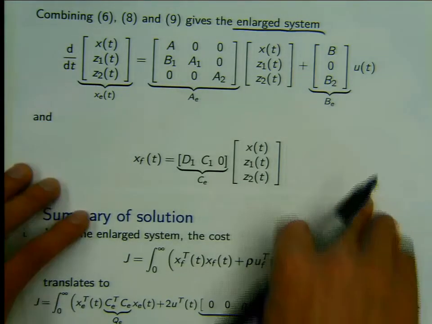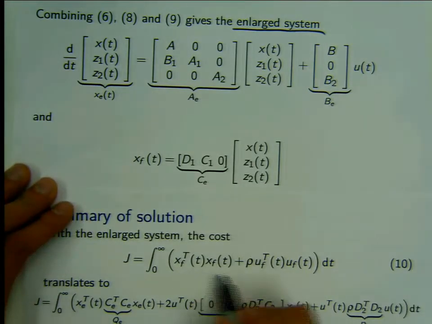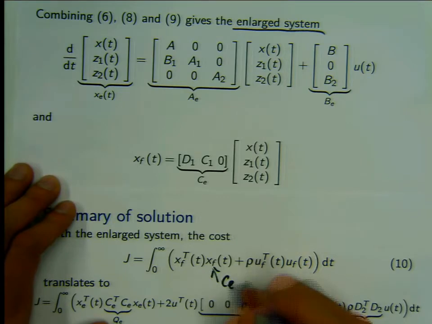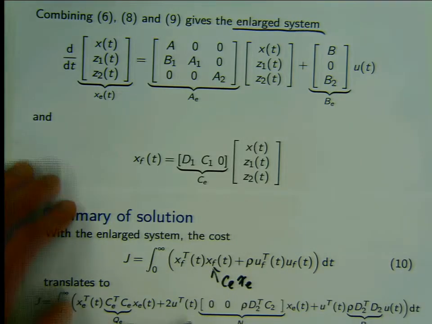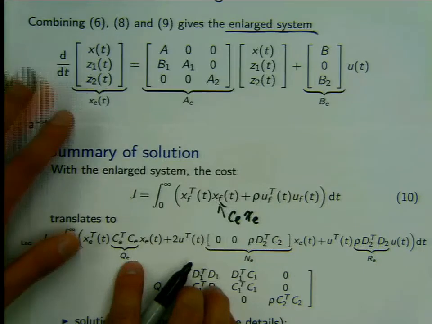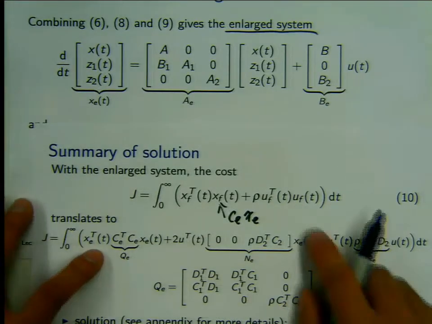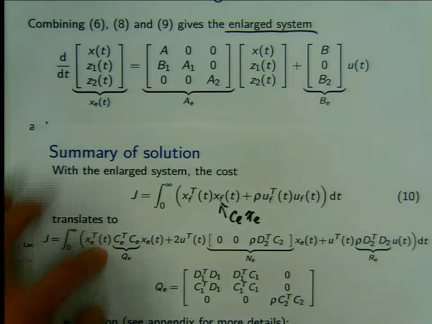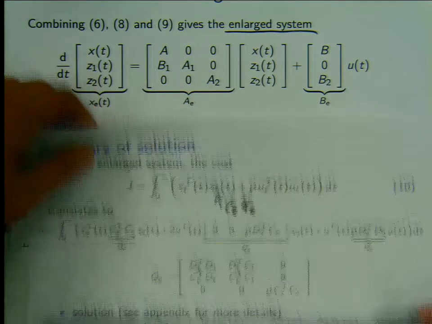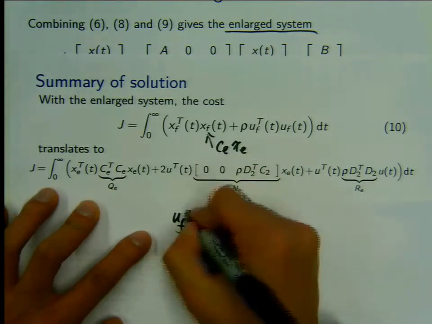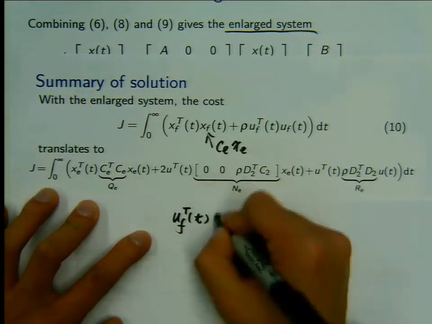So now, you can easily see that xf transpose times xf is going to be, because xf equals CE times xe, so now you can get this first term. Then the second term would need a little calculation. Look at the second term, uf transpose times uf.